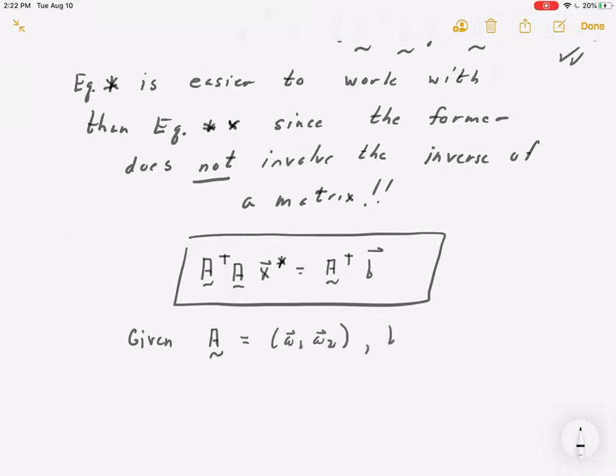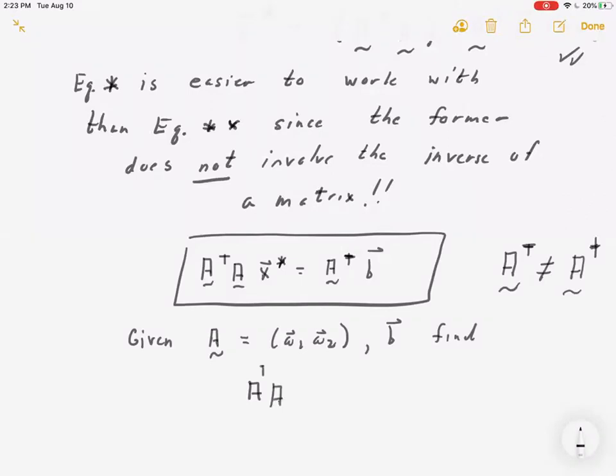We're also given B, and so we need to find, this is a transpose. Again, I never want to make the confusion between the transpose of a matrix and its Hermitian conjugate, or that's a dagger.